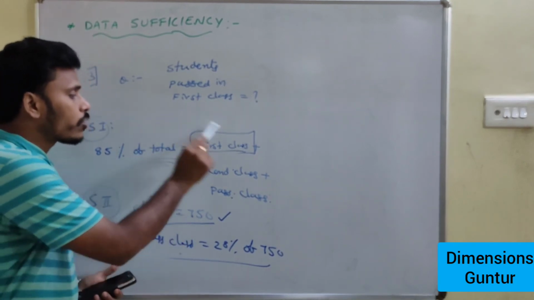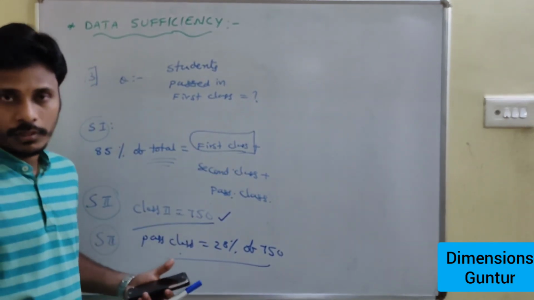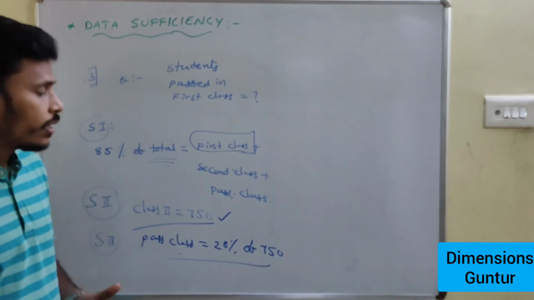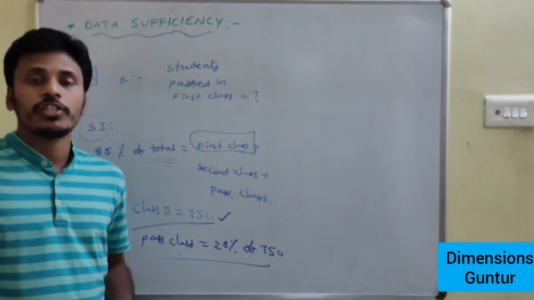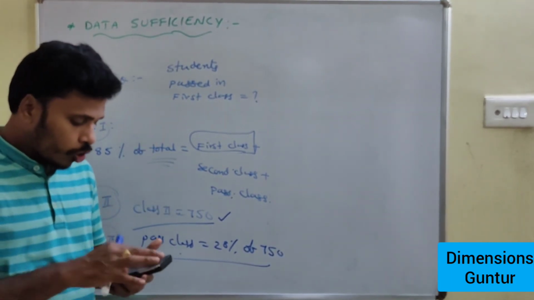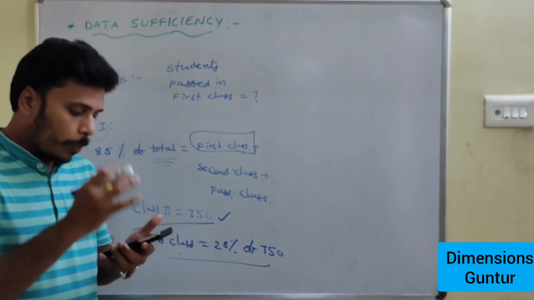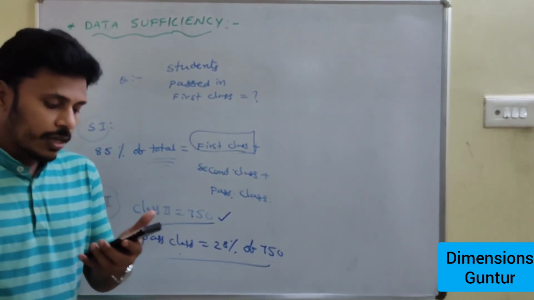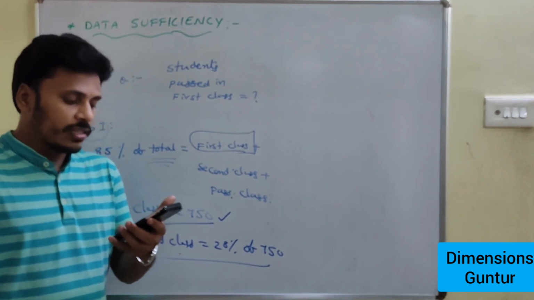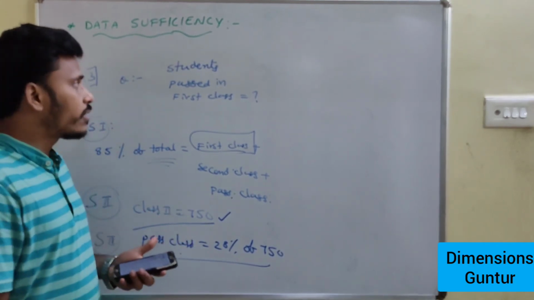Solving those 4 unknown values using these 3 is not possible, and that's why these 3 statements are not sufficient to answer the question. Among the options, your answer is option D: the question cannot be answered even with the information in all 3 statements. That's the 13th problem.